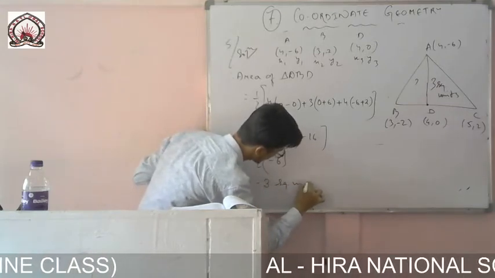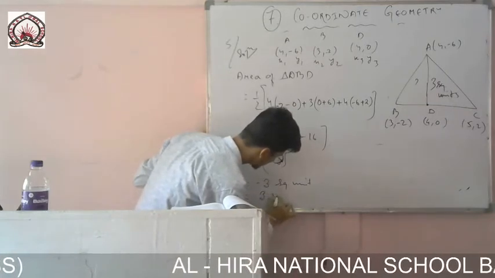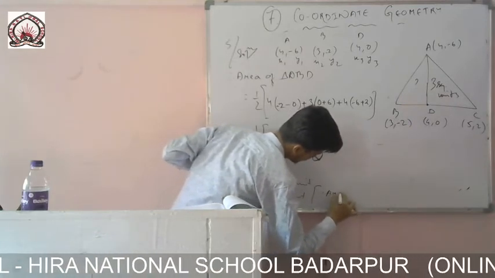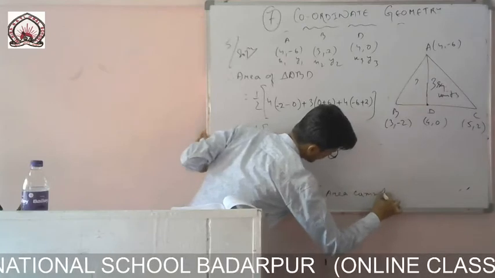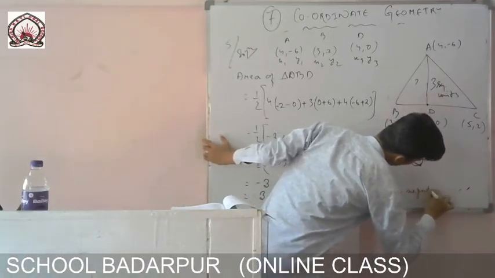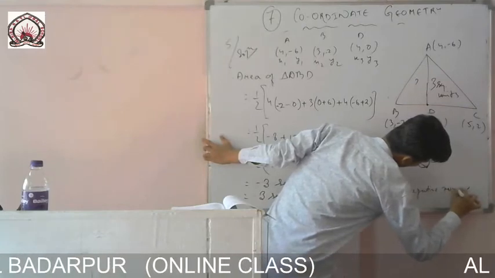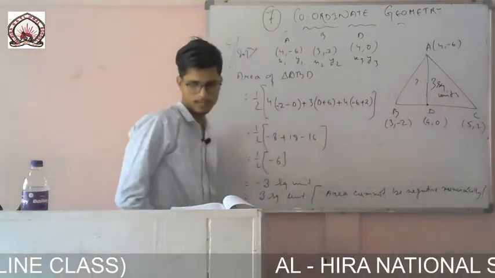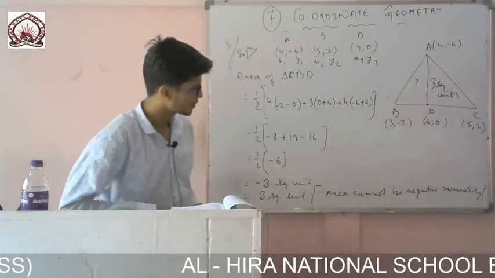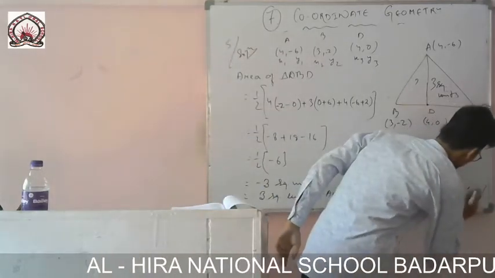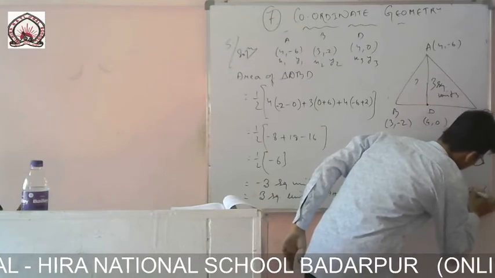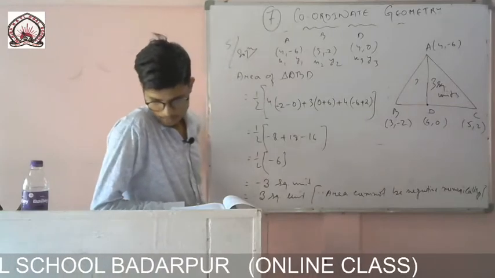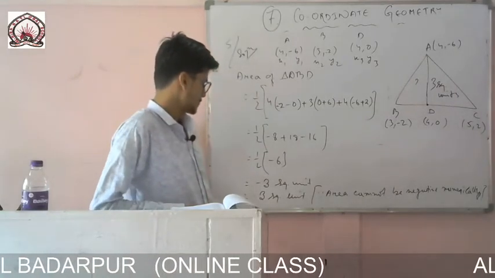So again it will be half into minus 6, and the answer is coming minus 3 square units. Numerically I cannot write it, since area cannot be negative, so I will write 3 square units. Since area cannot be negative numerically, I can write it equals 3 square units.